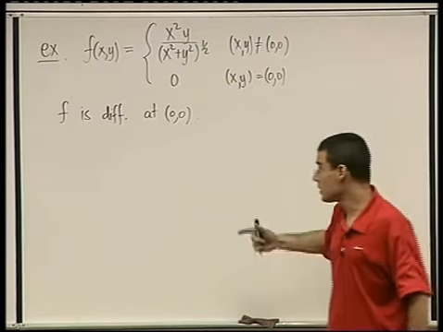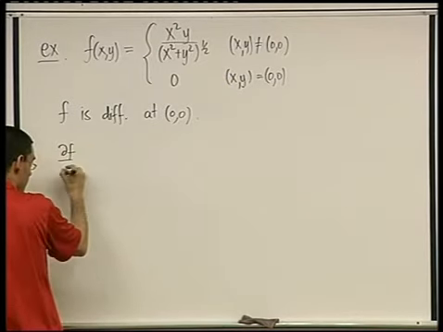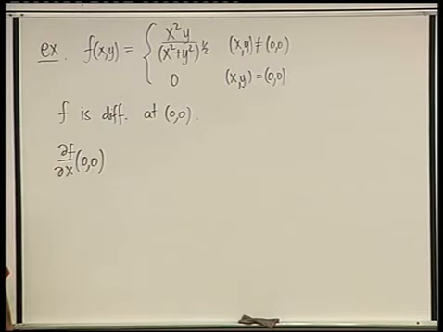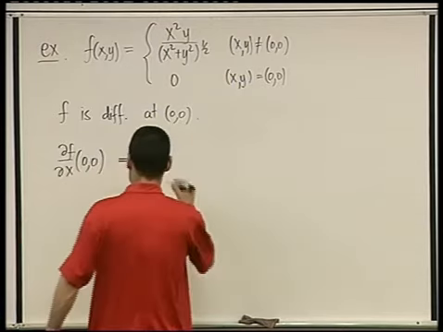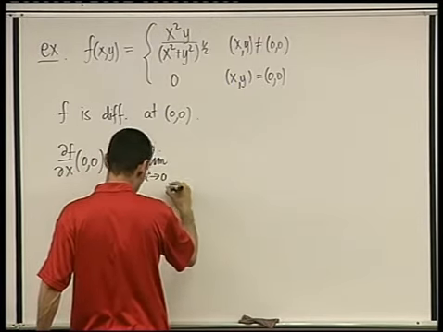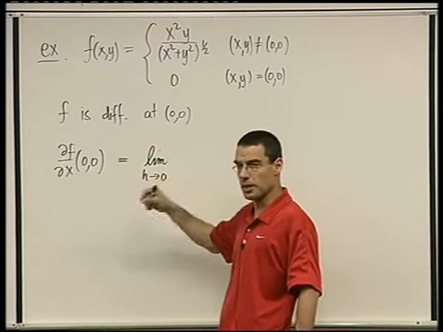Okay? So the first thing I'm going to do is calculate df/dx at (0, 0), and df/dy at (0, 0), and those are going to be my a and b. So what is df/dx at (0, 0)? By definition, it's the limit as h goes to 0 of f at x0 plus h.